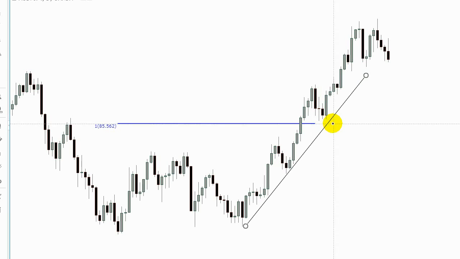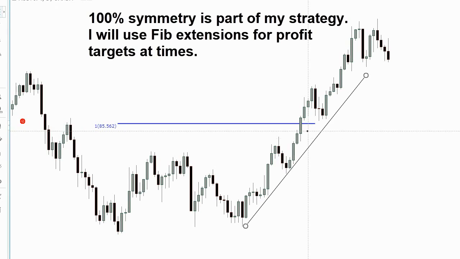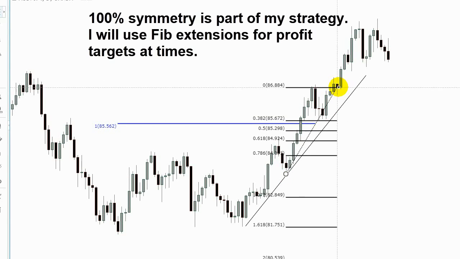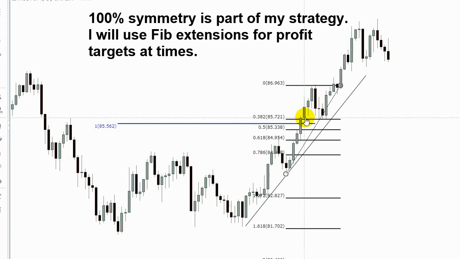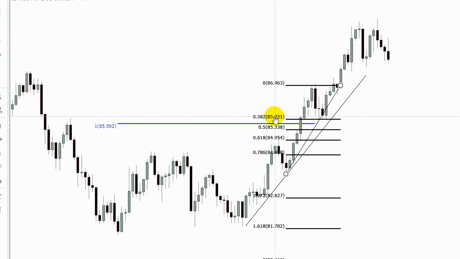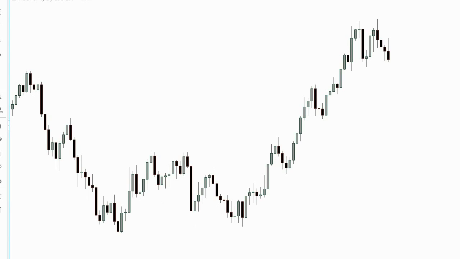Price is pulling back. It's coming to this area here. I'm not a really big fan of Fibonacci retracements at all, but you're useful, I guess. And you'd have some confluence at 38.2%, so a 38.2% pullback, the 100% symmetry of previous swings, and a trend line, right? You can look at it that way.